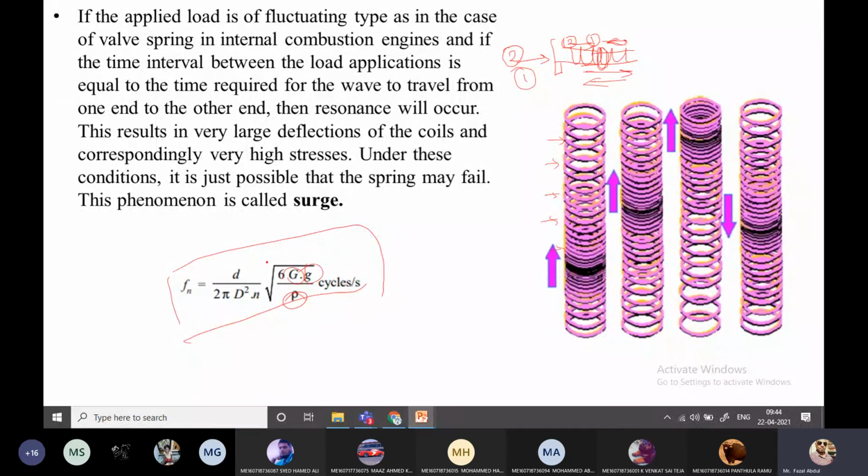This is the empirical relation given for the fundamental frequency. Whatever resonance frequencies are generated here should not exceed this fundamental frequency. If it is exceeded, there may be chances of failure. The unit is cycles per second, nothing but hertz. This is a short type of question you can expect in the examination.